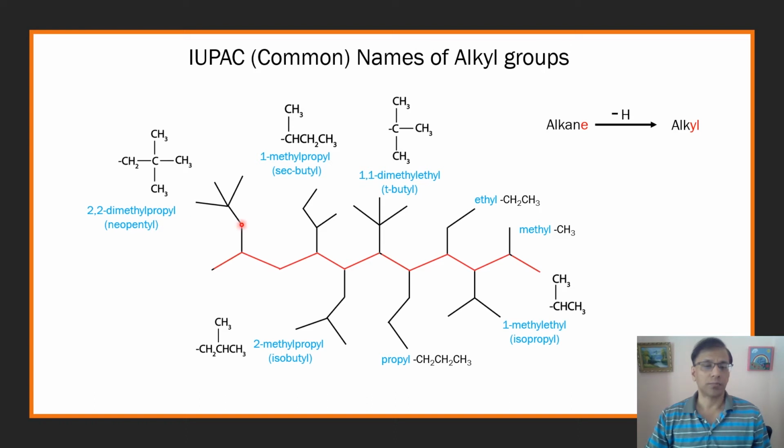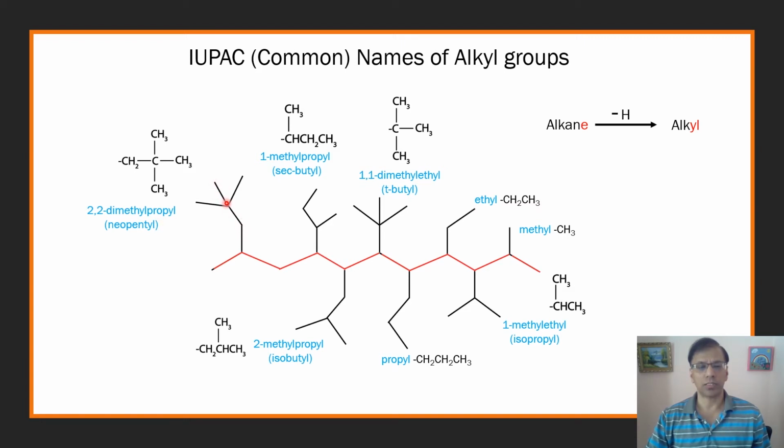2,2-dimethylpropyl. The carbon atom of an alkyl substituent that is attached to the parent chain is numbered 1. So this is 1 and this is 2. At carbon atom 2, you have 2 methyl groups attached to it, and hence it's called 2,2-dimethylpropyl. Propyl because there's 1, 2, 3.